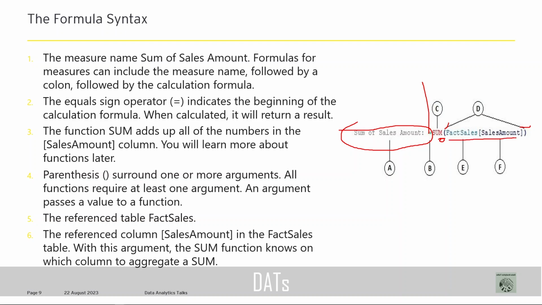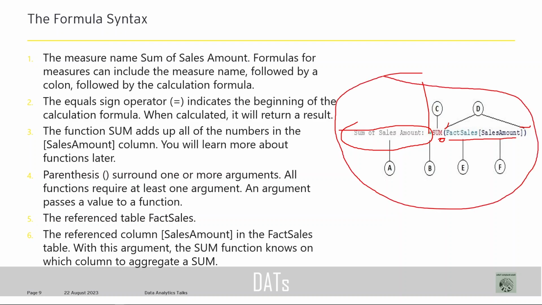So this is the Fact Sales Amount column, and using this column, the SUM function aggregates a sum. So this is the basic formula syntax. I am sure that as a DAX developer you will start using this syntax from now on.